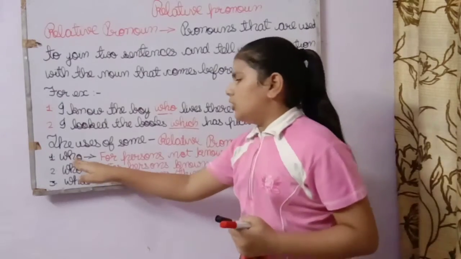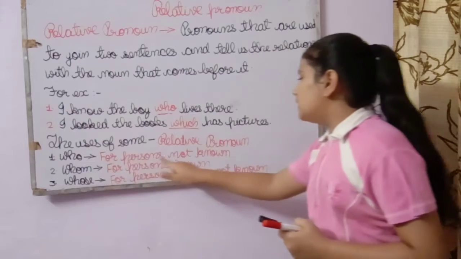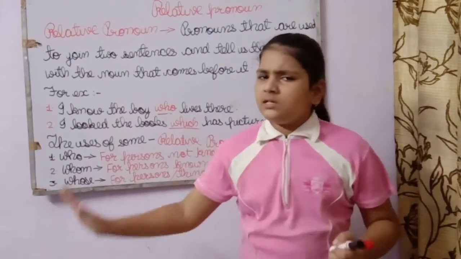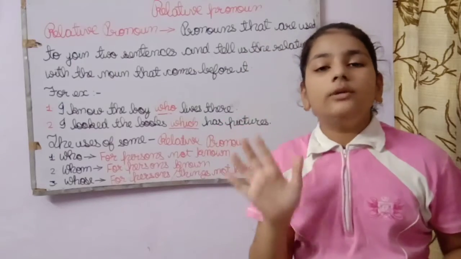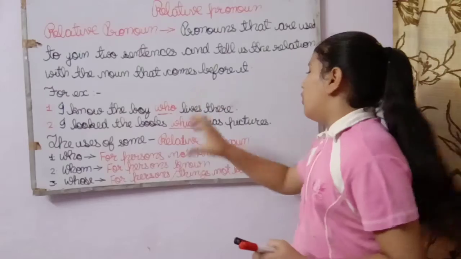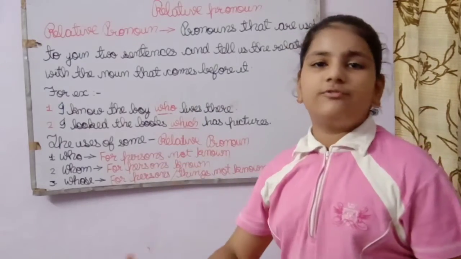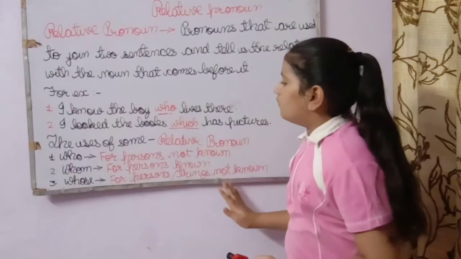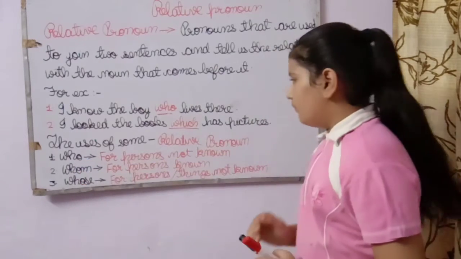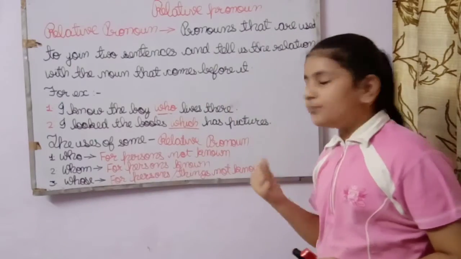First, in which situation do we use who? For persons, not for things, not for animals, only for persons. But in persons also, those persons whom we don't know, at that time we use who. Now whom. In which situation do we use whom?